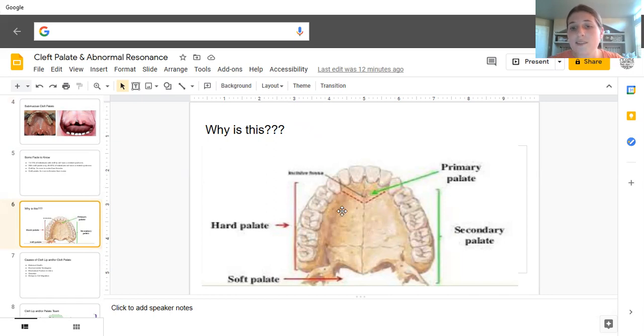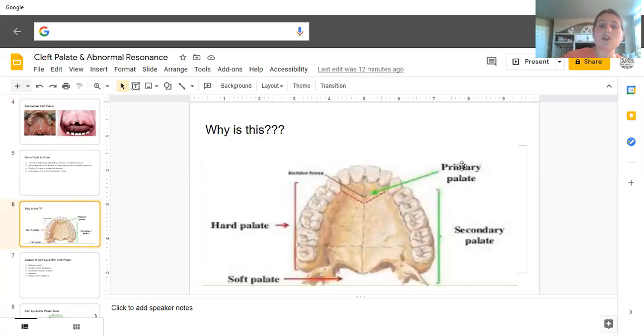So, with cleft lip in males, the secondary palate right here during male development will close first. So, that leaves the premaxilla to the lip, the primary palate, open longer.